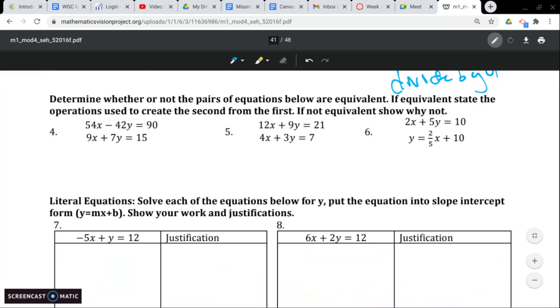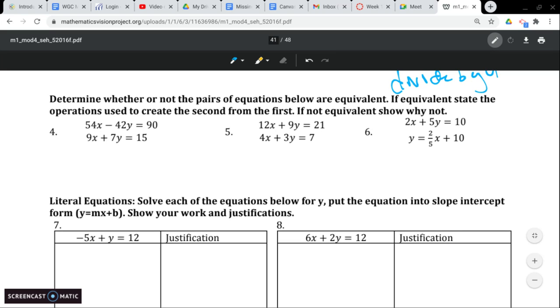All right, for the next section, we're determining whether or not the pairs are equivalent, and if they are, what operations were used to go between. So for number 4, we have 54x minus 42y equals 90. So how do we get from 54x to 9? 9 times what is 54? 9 times 6 is 54. 7 times 6 is 42. 15 times 6 is 90.